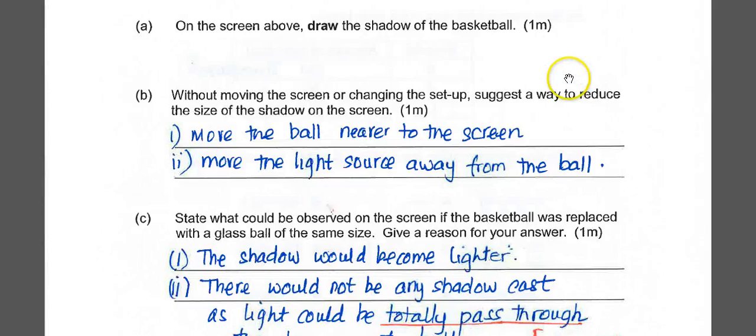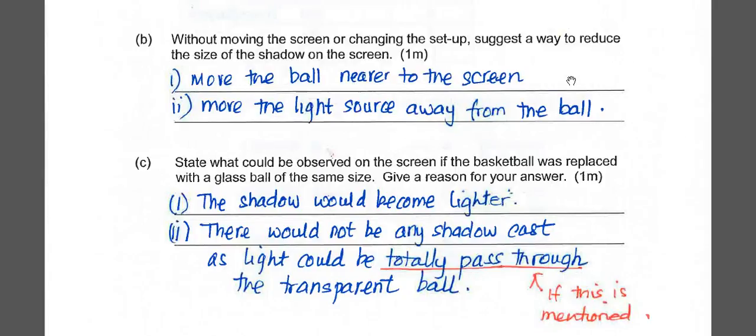Now state what could be observed on the screen if the basketball was replaced with a glass ball of the same size. Give a reason for your answer. Now, the better answer would be the shadow will become a lighter shadow. Why?